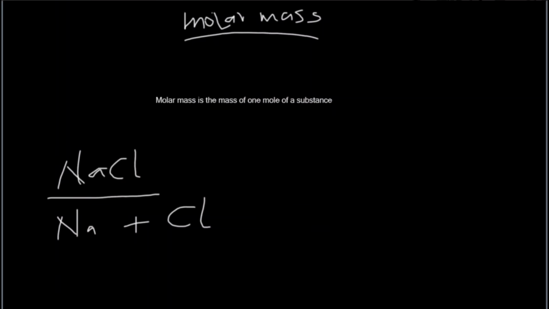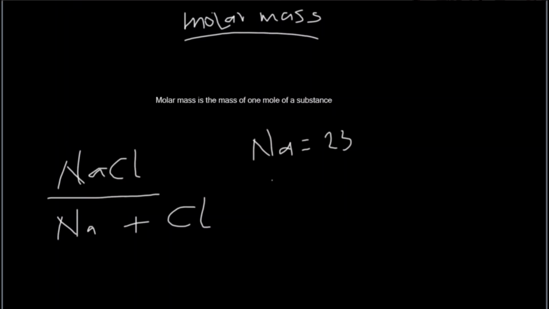Okay, so we're going to talk about relative molecular mass and relative atomic masses. They are the individual masses. For sodium, if you take the periodic table, you see that the mass of sodium is 23. So Na equals 23.